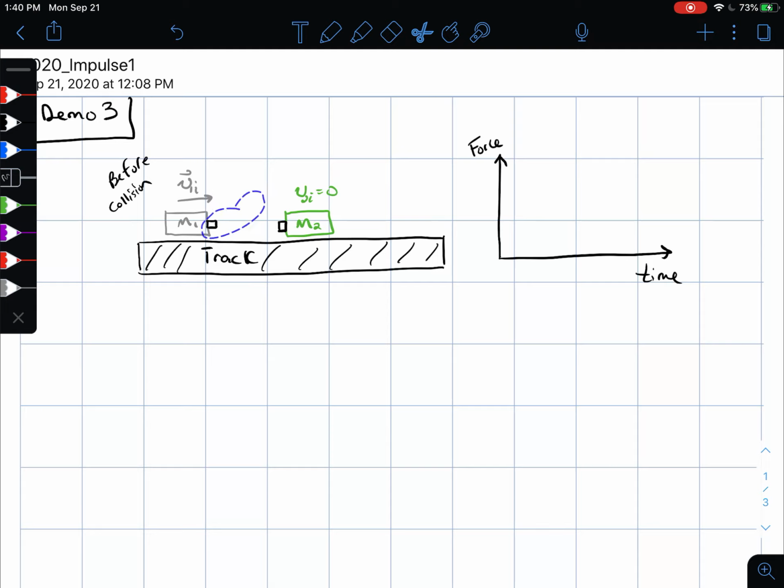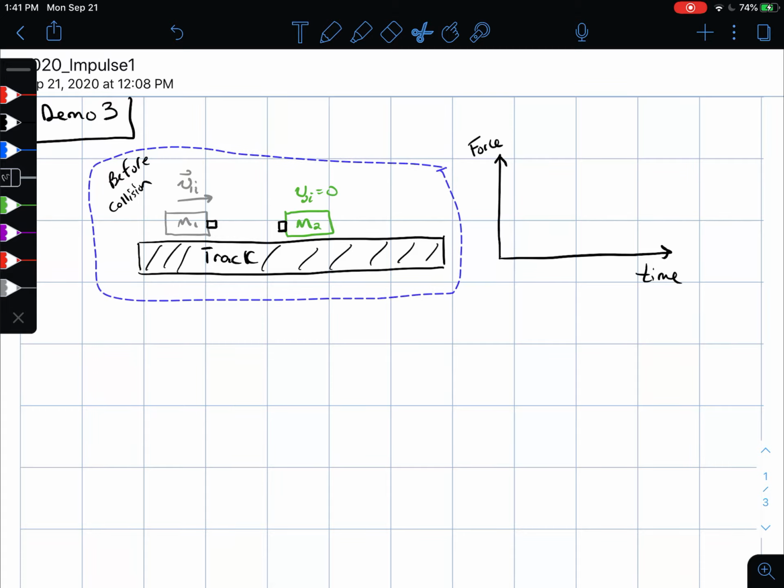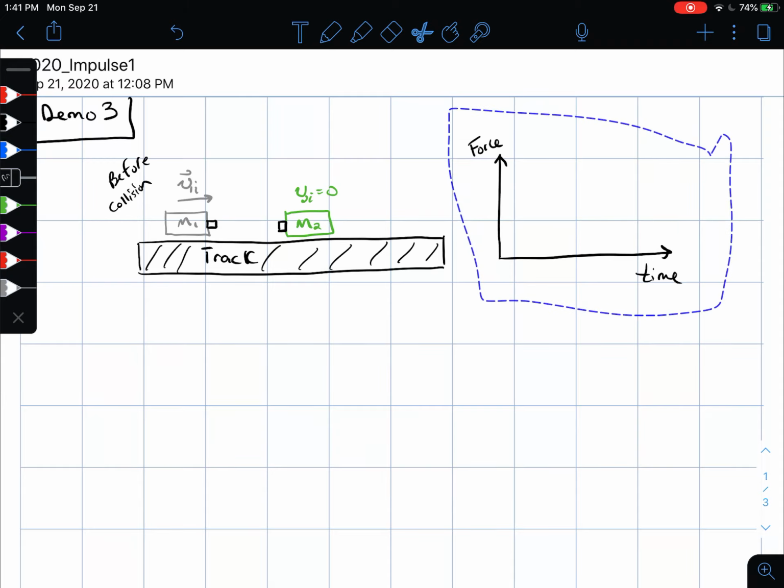The force is interesting to measure because when these things are in contact, we know that they're pushing on each other in some way, shape, or form, and that's what we want to explore. This is a picture of what was going on right after the gray cart was moved, when the hand was no longer touching it; it was just zipping along, but before it came in contact with the green cart, M2. On this force graph on the right, what was going on when these things were moving but not touching?